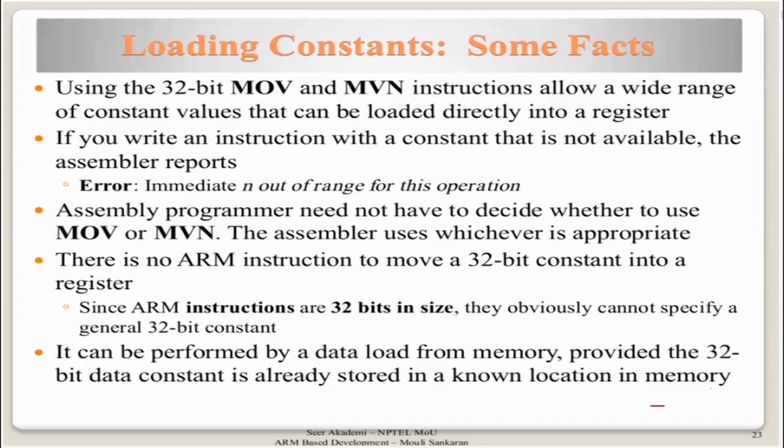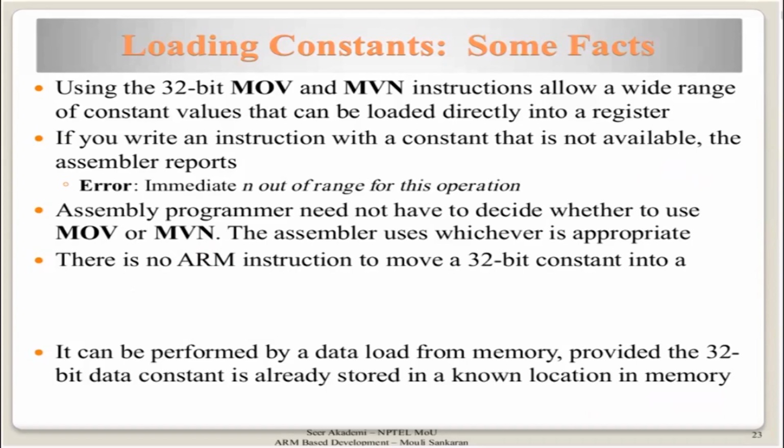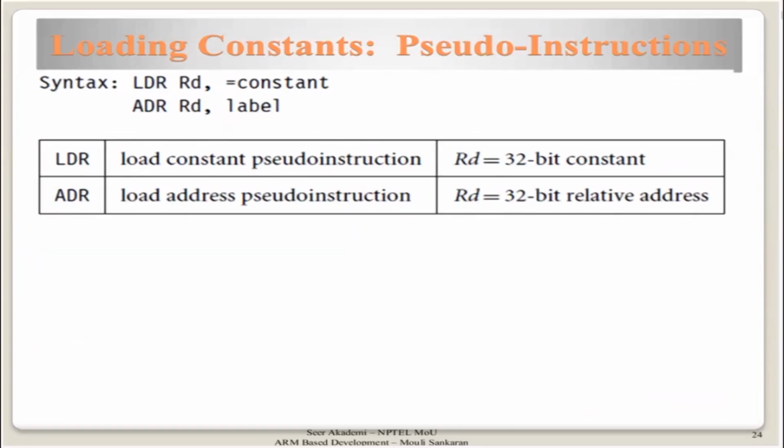I am trying to explain what the processor supports. There are two instructions which are called pseudo instructions. What I mean by pseudo is that these instructions are not executed as is by the processor. They are understood by the assembler, which will modify the instruction.